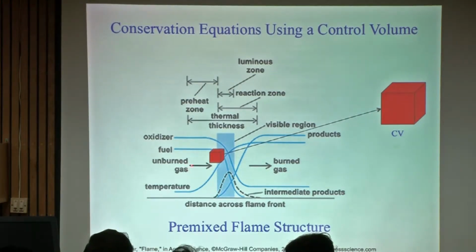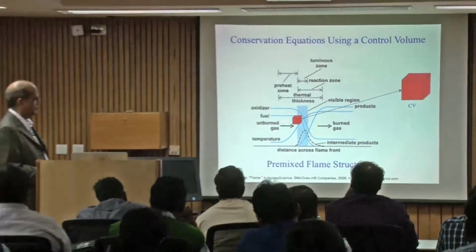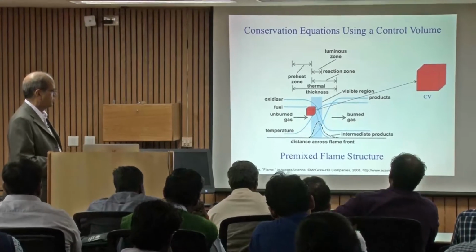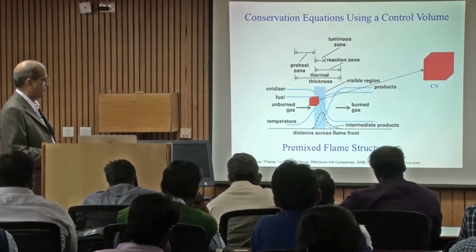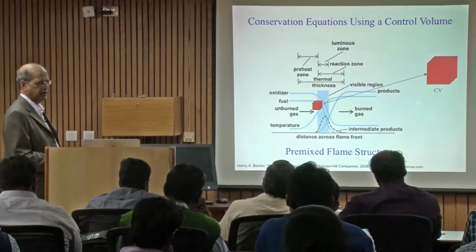Now, before I discuss the governing equations, you can see what is going on here. Let us look first at the fluid mechanics part. There is convection primarily in this direction. Convection means there is also convective flow of energy.